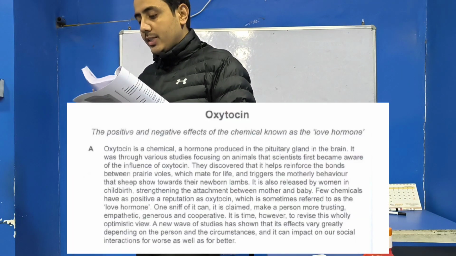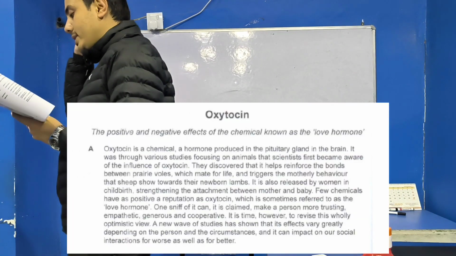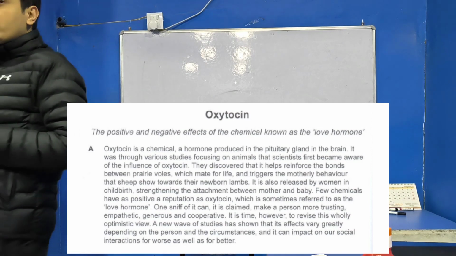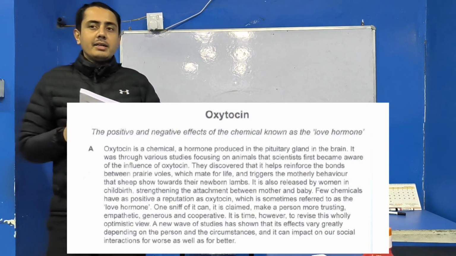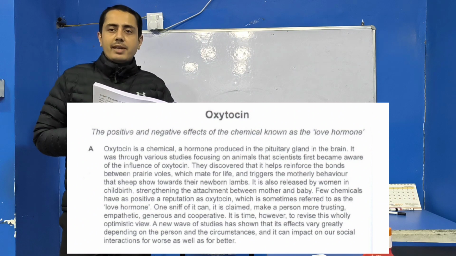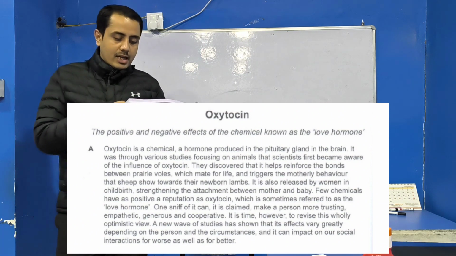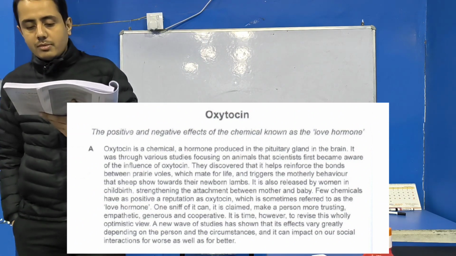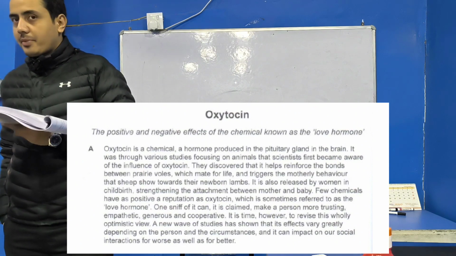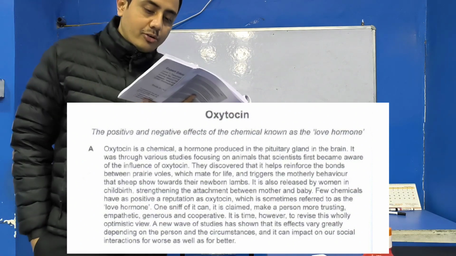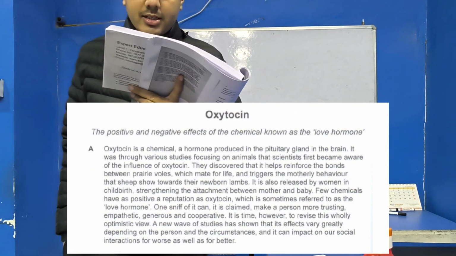Anyway, let's read the text one by one. Now, I don't know if you follow this style of reading, but one style of reading is called word spotting, and it might be easy to save time if you do that. Like what I mean by is, like, look at the first paragraph, like reading like this: oxytocin chemical produced gland brain studies.